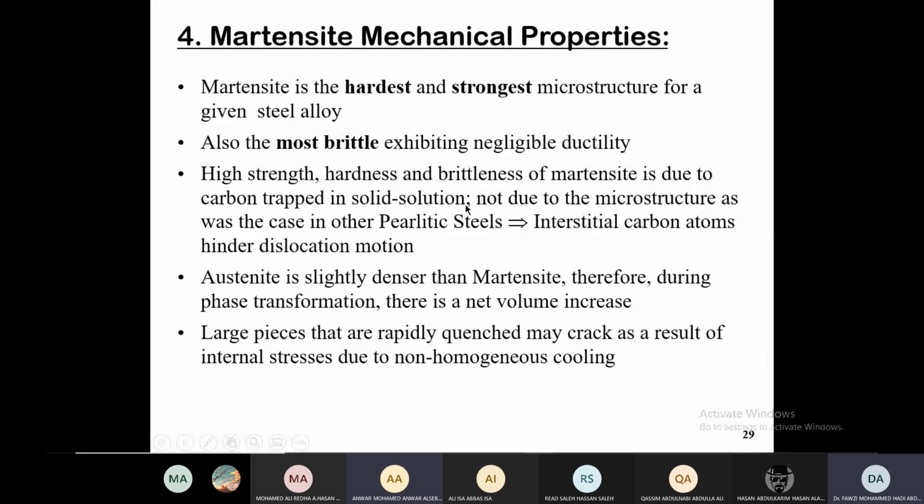I was just saying that last time we talked about the mechanical properties of the different phases and why we were doing that, because basically we covered how to produce different microstructures using different heat treatments. We could do that easily now using the phase diagram and the TTT diagram.